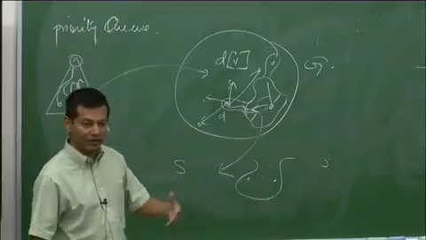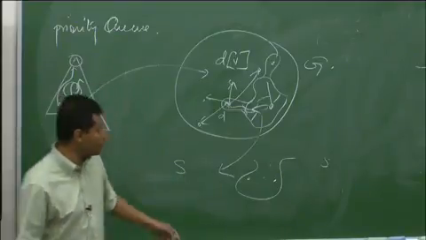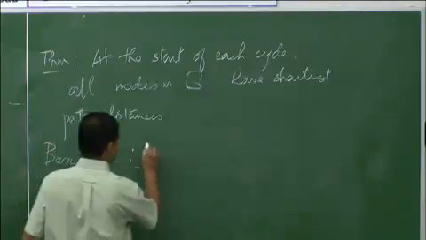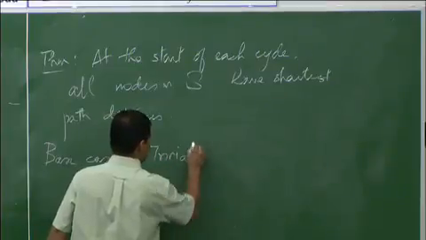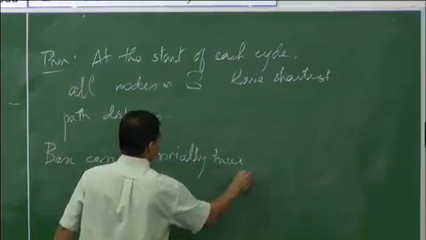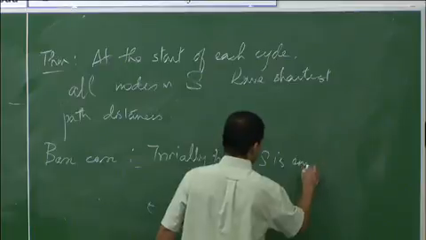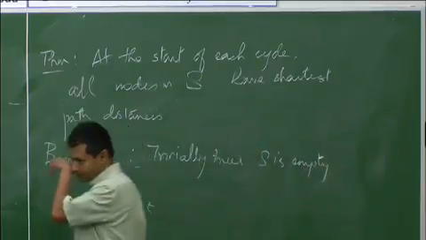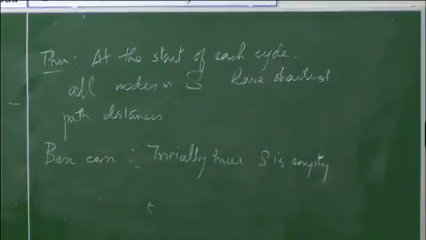Okay? So, in this particular case, if you look at the algorithm from that point of view, the base case is trivially true. Okay, so S is empty. Of course, there are no nodes in there, so there is nothing to check. All we now need to do is to prove the inductive case.